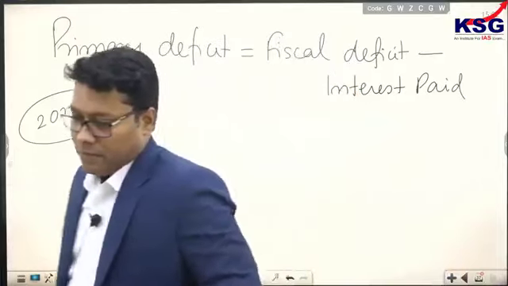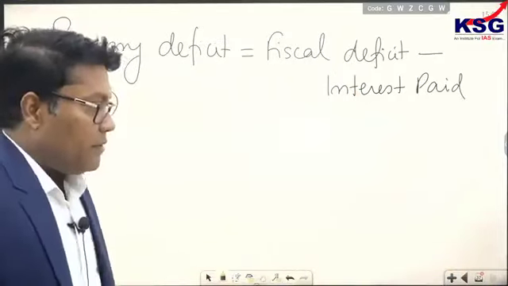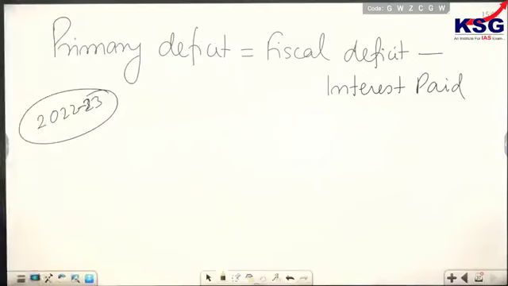Think about it. What is primary deficit representing? All deficit measures are giving you different concepts if you are able to understand. But if you are not able to understand, then for you it will be only deficit, and then we can't use this concept for analysis purposes.